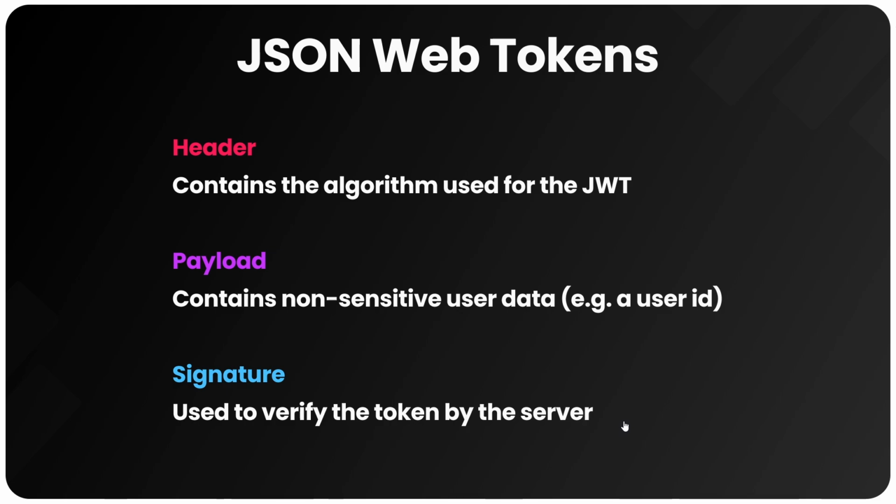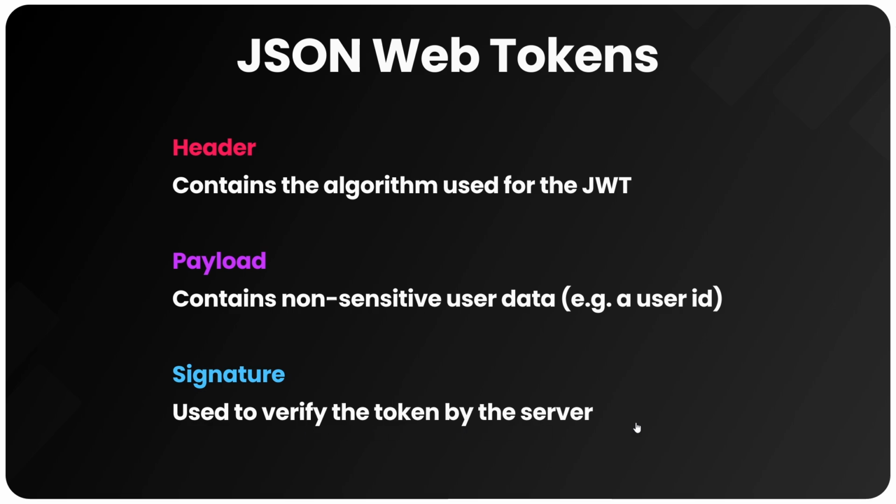Then when I get the token, I decode it and I change the user email or ID inside the payload to someone else's email or ID belonging to person B. Then I could encode it again and send it back to the server with some kind of request to try and trick the server into thinking I'm logged in as person B so that I can access that other user's data. So that's what the signature is there for, to verify on the server that the token hasn't been changed.